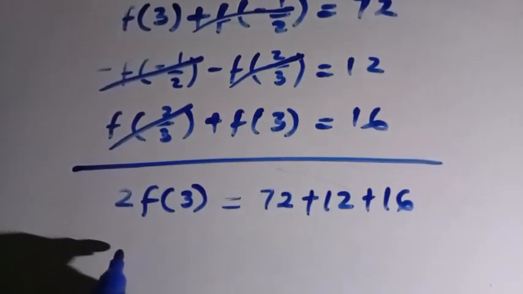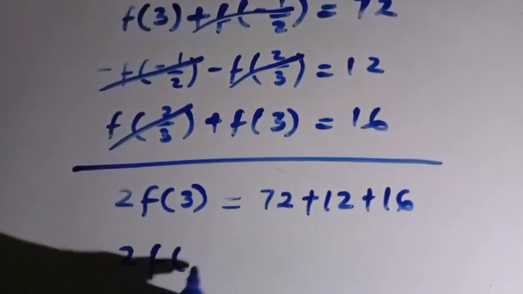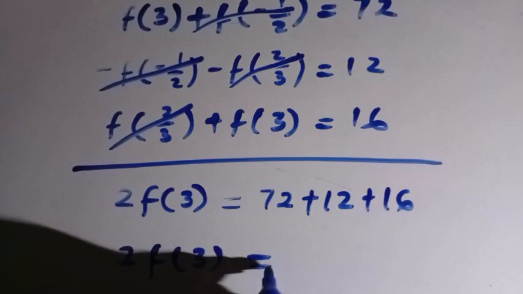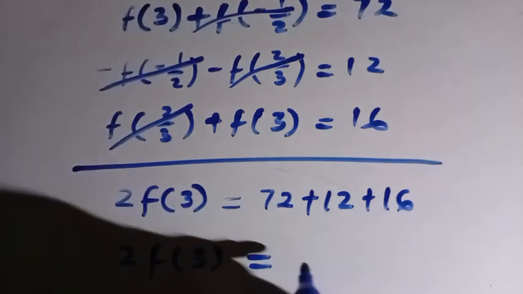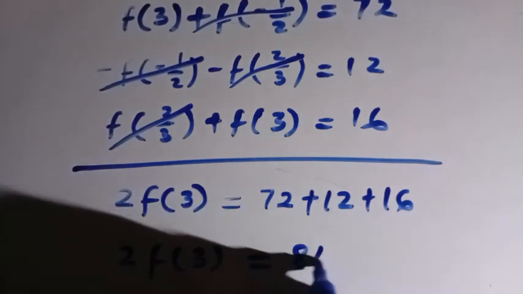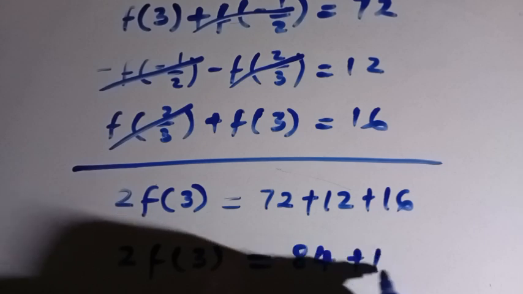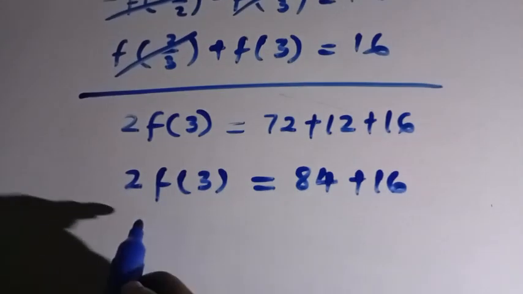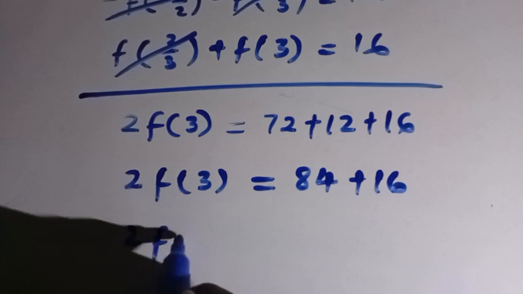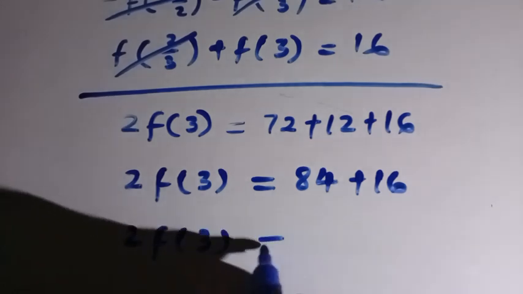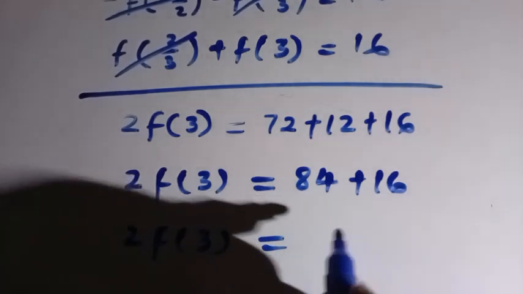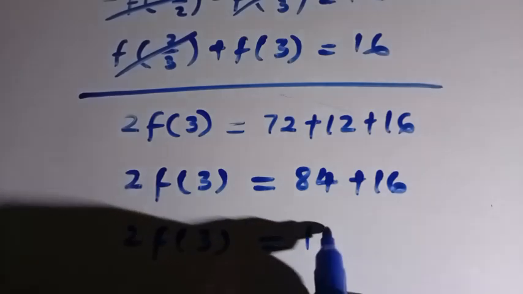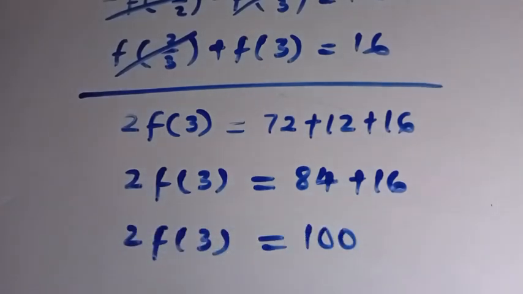So here we have 2f of 3 equals 72 plus 12, that is 84, plus 16, that is 100.